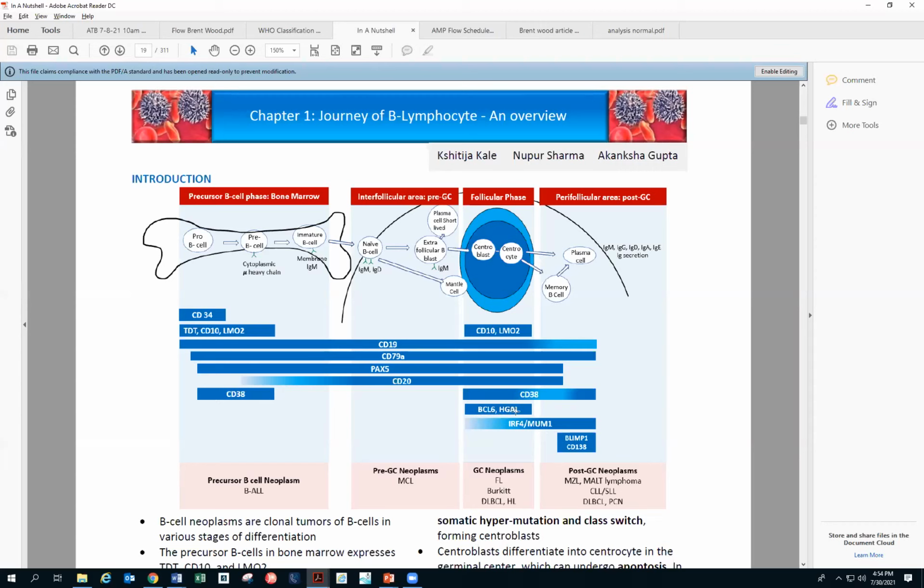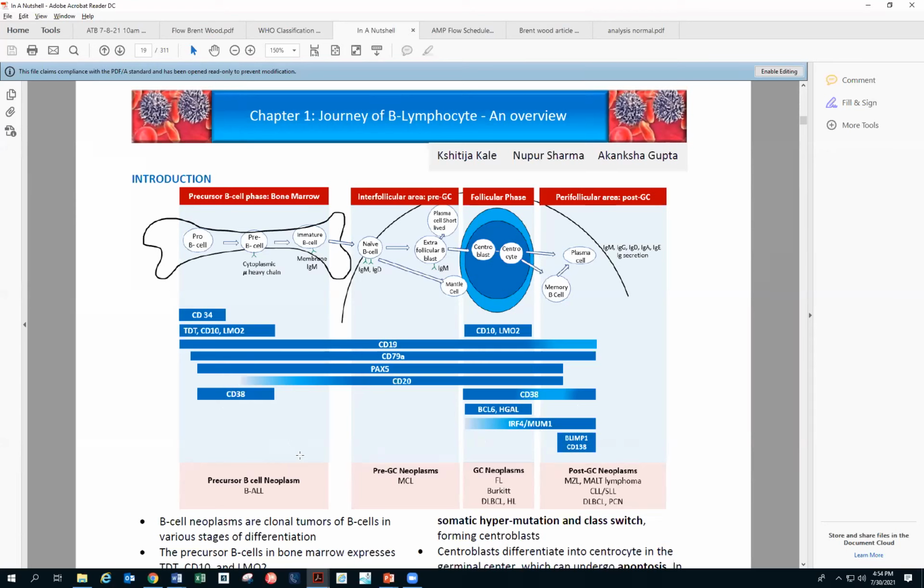HGAL is another not very commonly used germinal center marker. So BCL6, CD10, LMO2 are the germinal center markers. IRF4 MUM1 is a nice plasma cell marker that we should remember. It is seen in the plasma cells. CD138 is more specific to plasma cells as compared to CD38, which can be seen in the other phases as well.